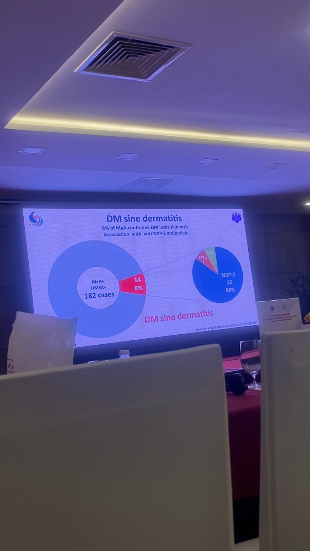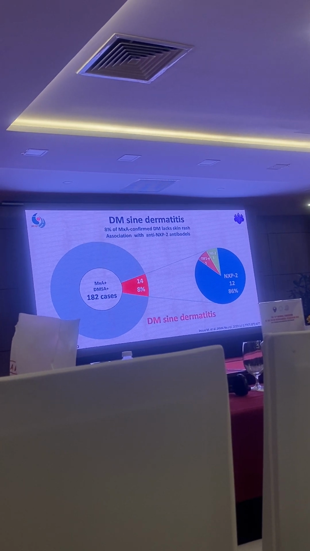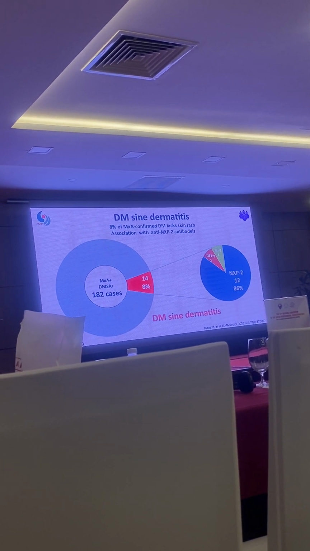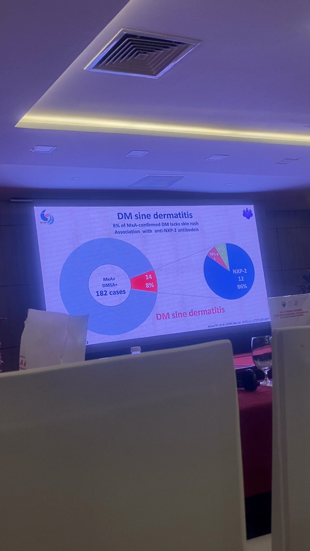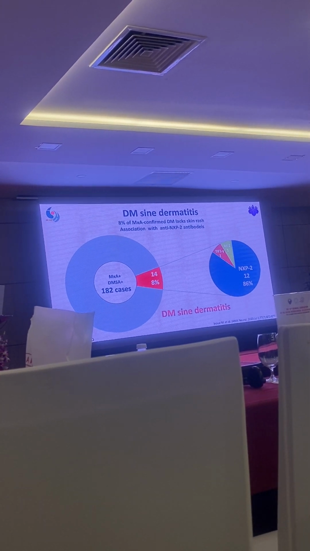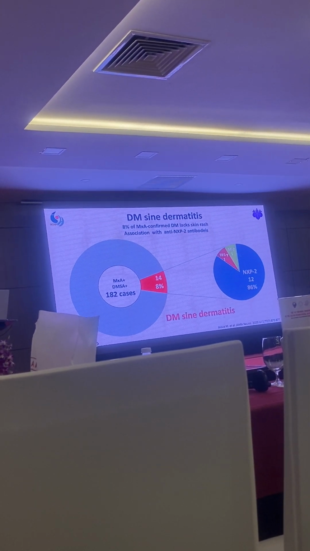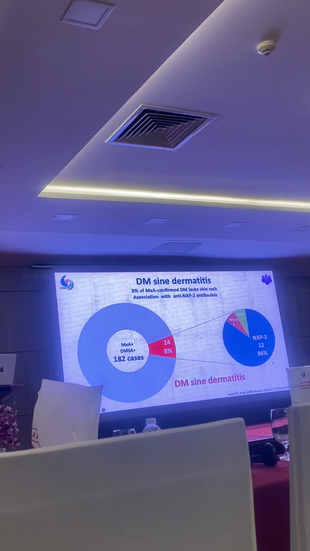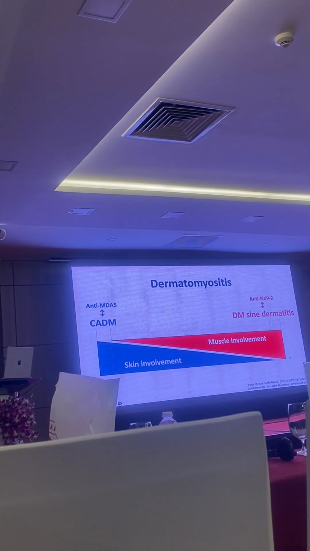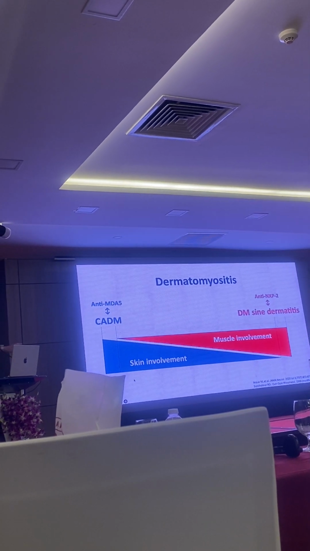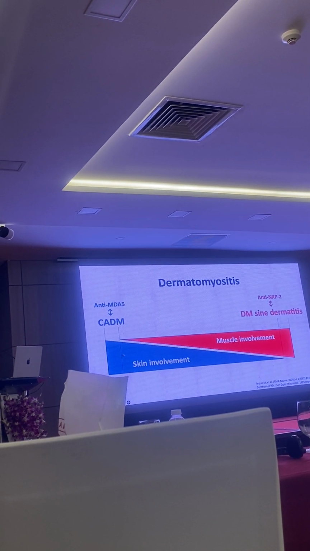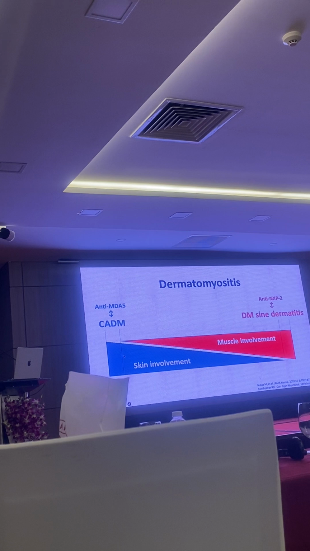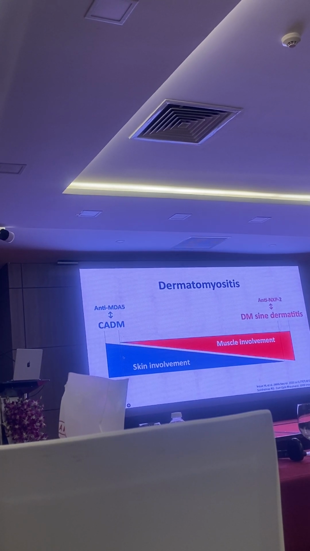So it means, yes, sine dermatitis does exist, right? And interestingly, the majority of them have anti-NXP2 antibodies. So it means that the degree of muscle involvement and skin involvement may differ case by case.